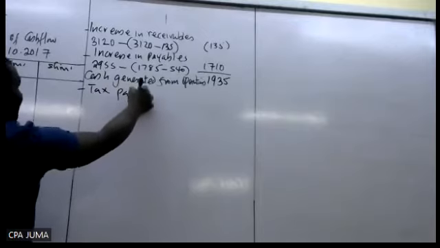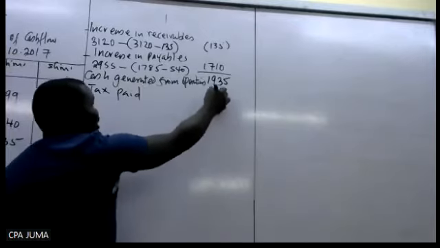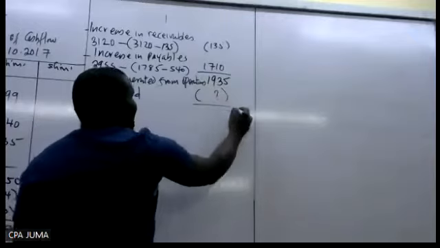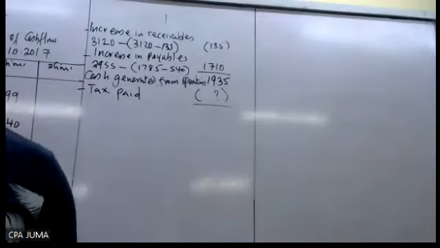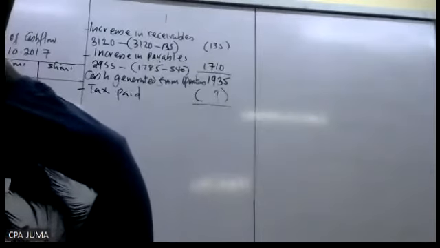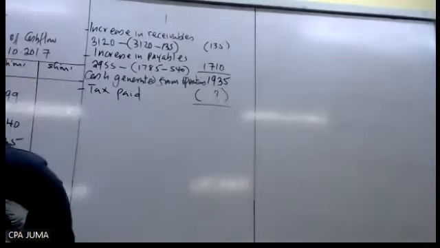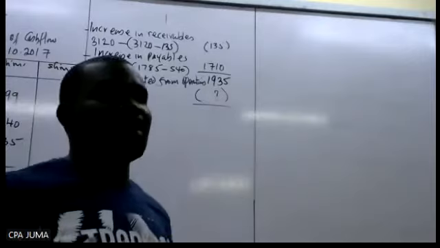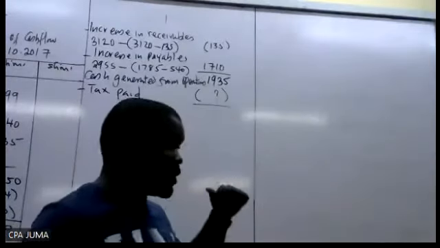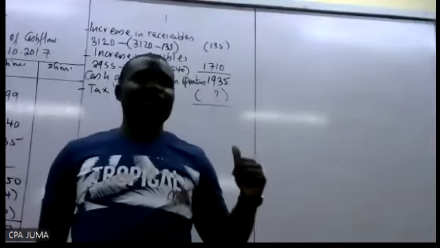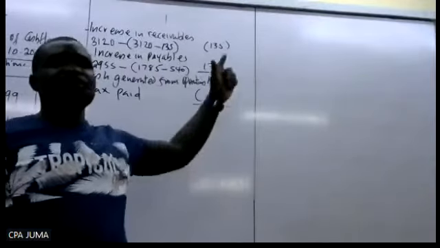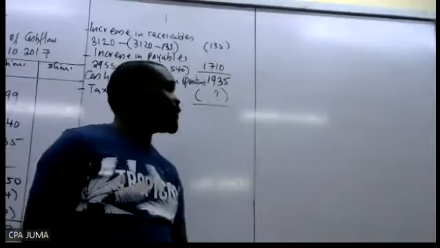Kindly work out tax paid. Online you can throw me the answers. You can make reference to what we have been doing, how we have been calculating tax in the other questions. Check how we have been calculating tax in the other questions and apply it here.